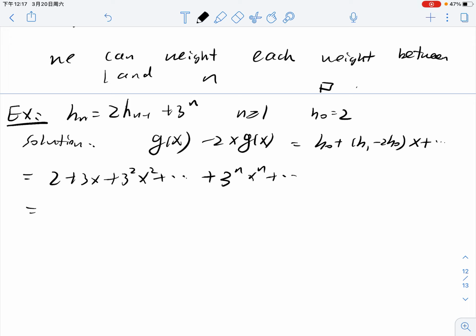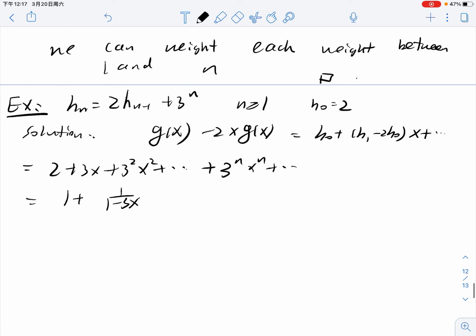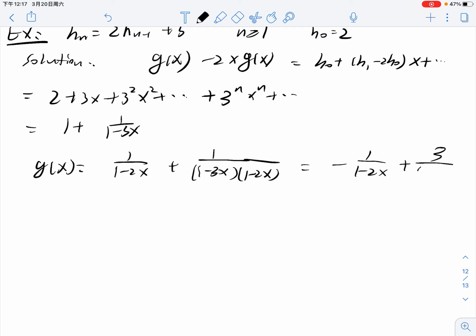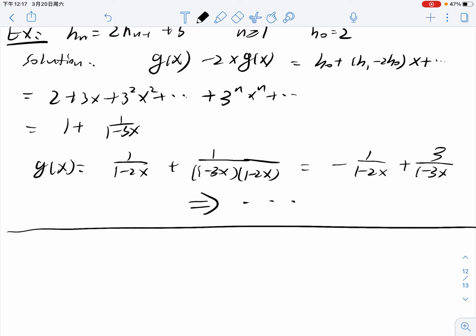And then this is 1 plus 1 over 1 minus 3x. Then you can solve gx is 1 over 1 minus 2x plus 1 over 1 minus 3x times 1 minus 2x. And this is minus 1 over 1 minus 2x plus 3 over 1 minus 3x. And then you expand each one. You can get the explicit formula for Hn. And the answer is the same as before.